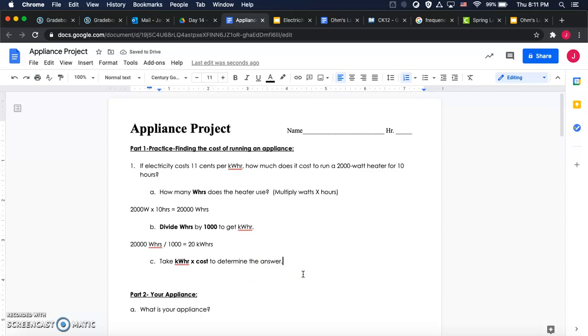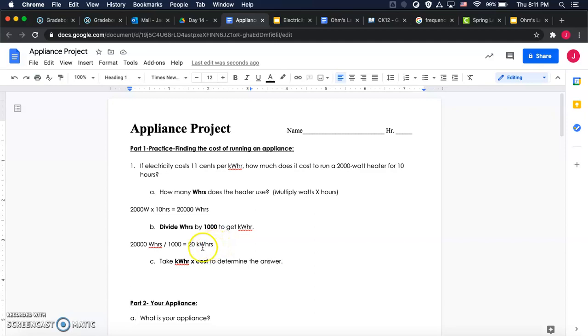Okay, and then our last step is we're going to take our kilowatt hours and multiply it by the cost. The electricity companies charge by the number of kilowatt hours of energy that you use.